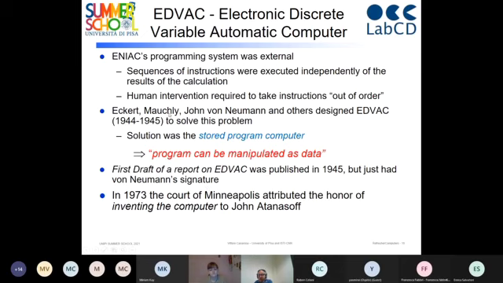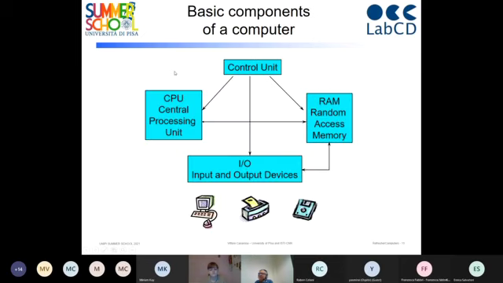And what was this idea of John von Neumann? This is still called today the von Neumann architecture. This is the basic architecture of a computer. On one side, you have the CPU, the central processing unit, which is able to perform computations, not just addition. Basically, the computations are addition, subtraction, comparison, and so on.